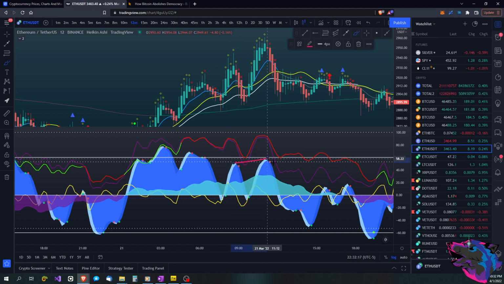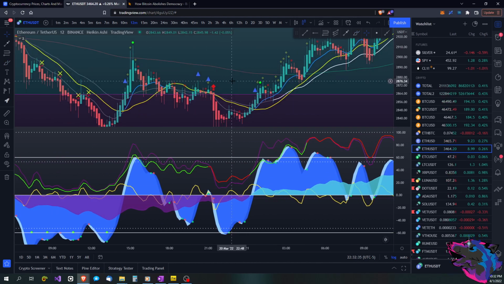Because look, momentum waves going up with price going up, non-divergent. But the VWAP was showing it. RSI wasn't showing it. So shout out to the VWAP for having our back.